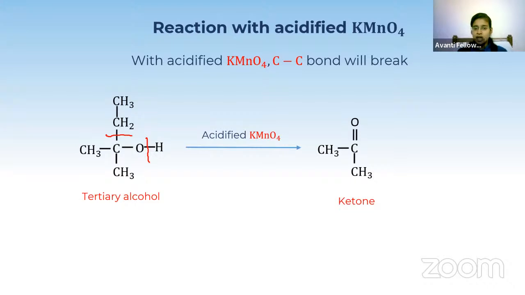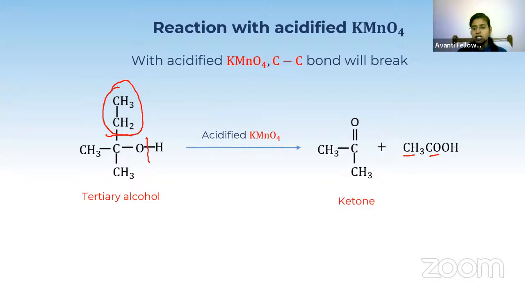And the OH bond will also be cleaved and we will get CH3, C double bond O, CH3, a ketone. And this 2 carbon system is coming out, right? After cleaving this, the 2 carbon CH3, CH2 is coming out. So those 2 carbons will form a new compound that will also get oxidized. The 2 carbon containing part will form a 2 carbon containing carboxylic acid. So what we are getting?